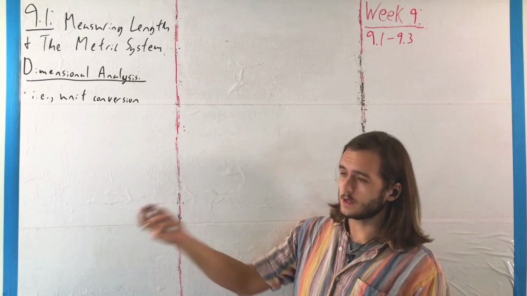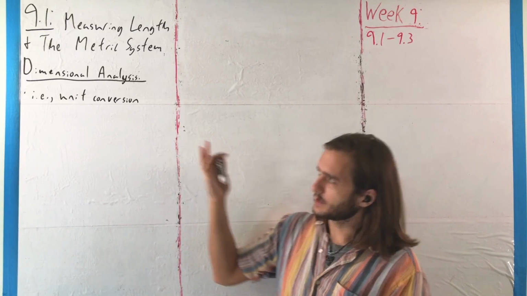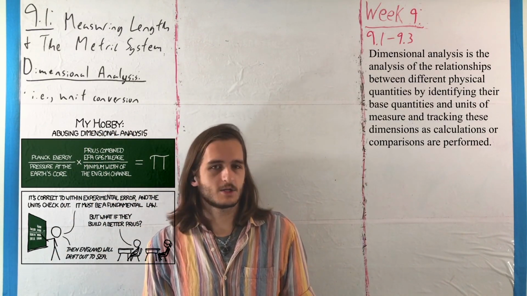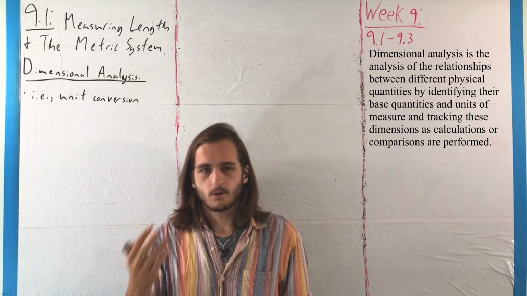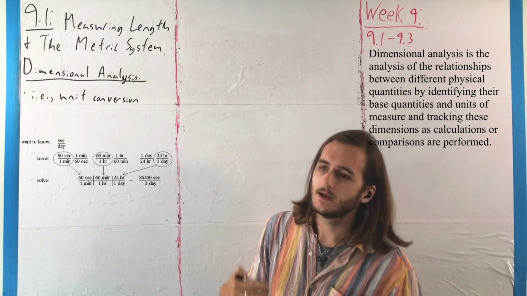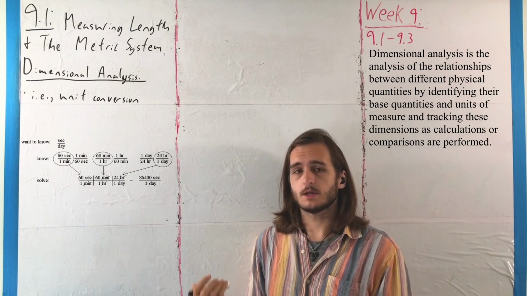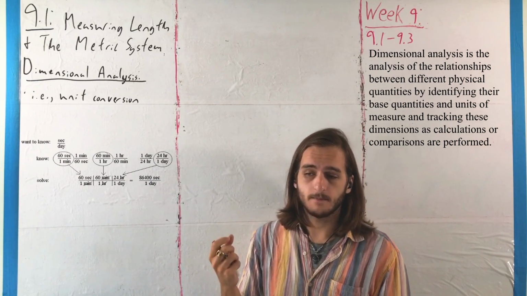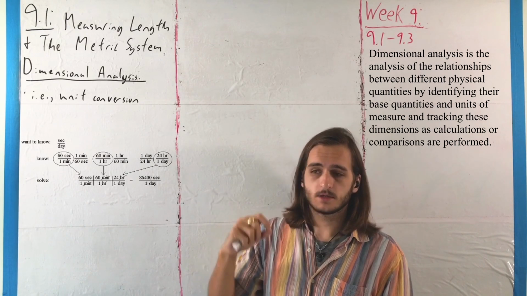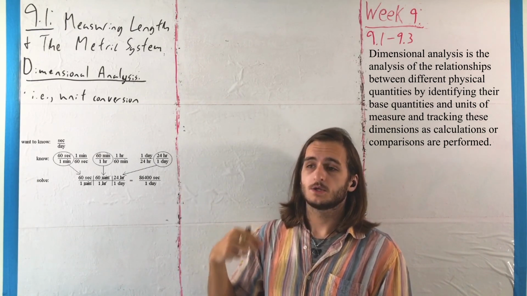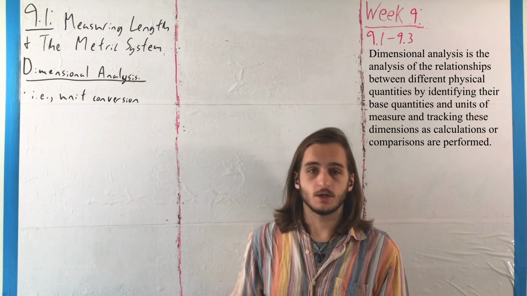So, to go from one unit to another, we have what's called dimensional analysis, which is basically just a fancy math and science term for unit conversion, where what we do is multiply by the fractional value that exchanges between the two units. So if we want to go from, say, feet to inches, we recognize that we have 12 inches per foot, so you'd multiply by 12 to get it into those new units.